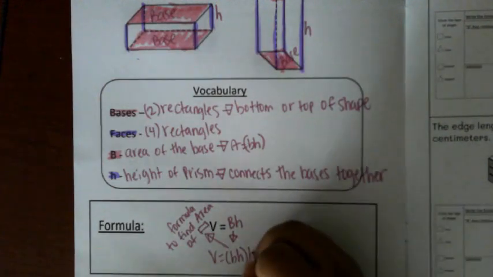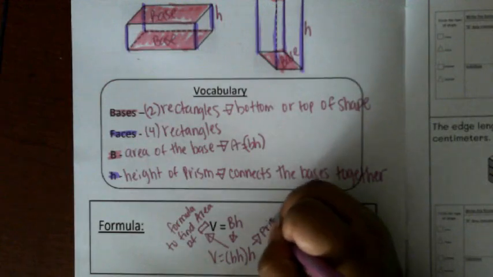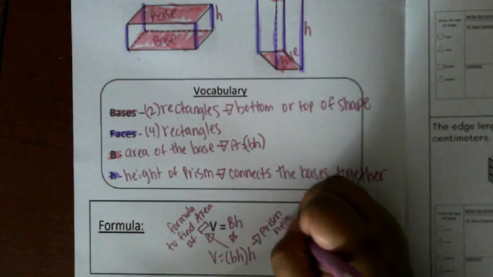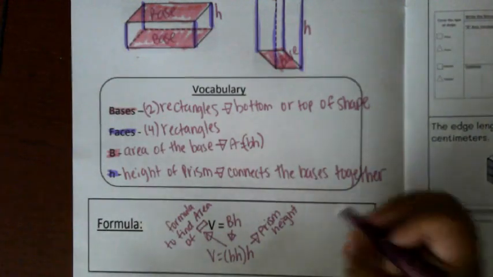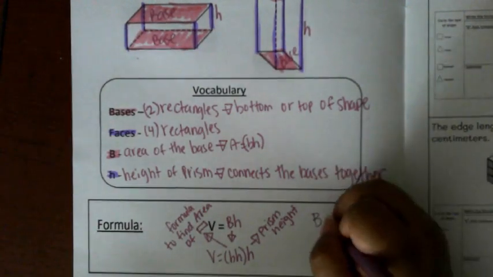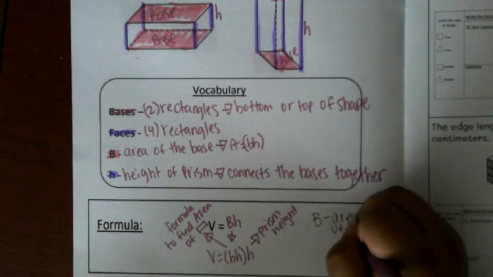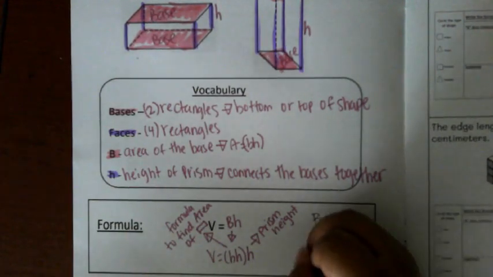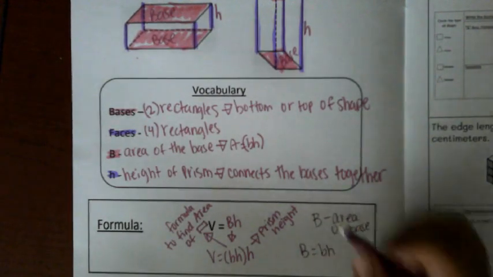And that's going to be multiplied by height. This, remember, is prism height, okay? Another thing that we need to make sure that we understand, we've already written this, but the big B stands for area of base, okay? And you can find the area of the base by doing base times height, okay?